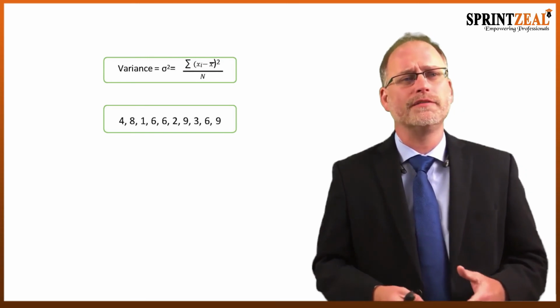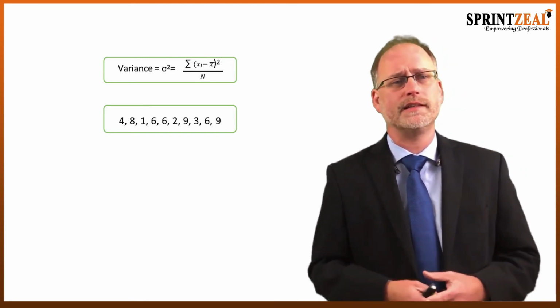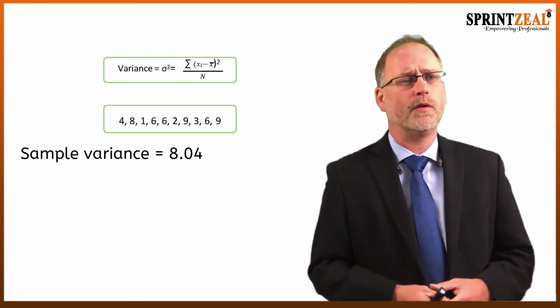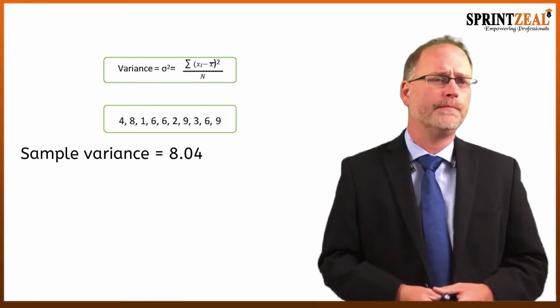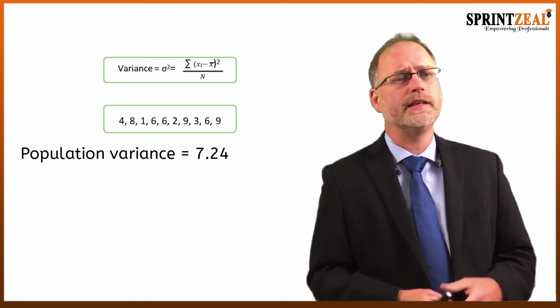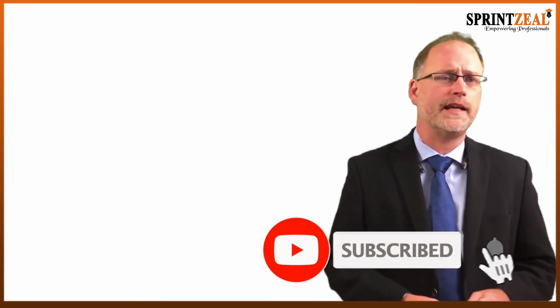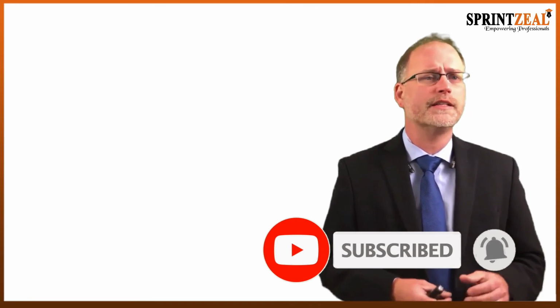Population variance can be calculated using an Excel formula as well. The sample variance would equal 8.04 using that Excel formula. The population variance is going to be 7.24. Population variance is preferred over sample as it's a more accurate indicator of the variation.